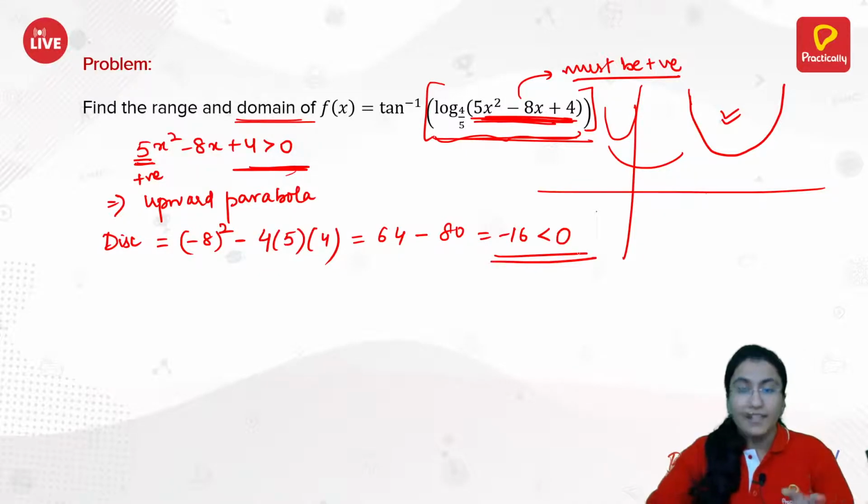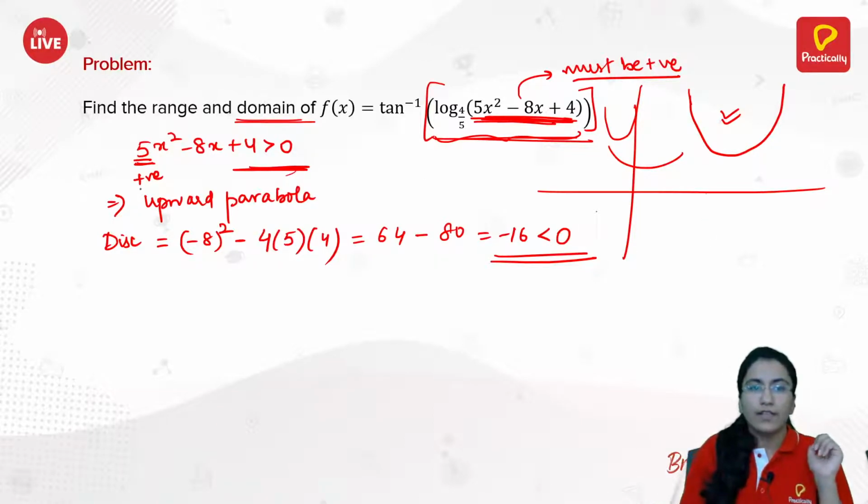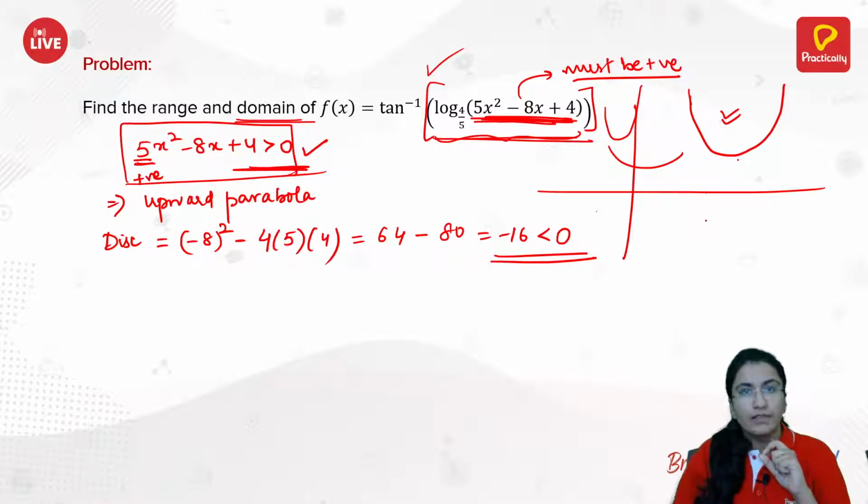So the discriminant satisfies our condition. For the given condition the graph must be like this, and for that the discriminant must be negative. All the conditions are satisfied.